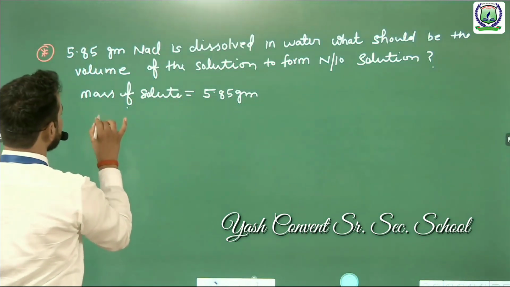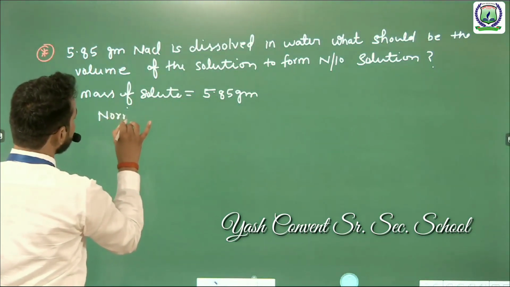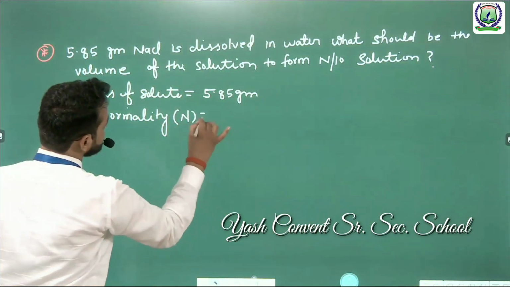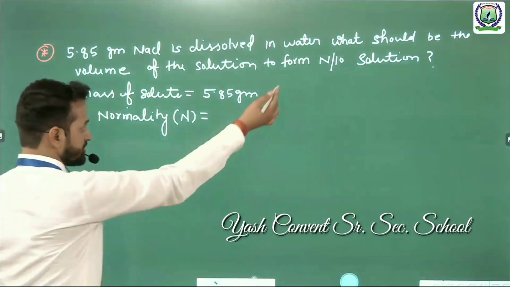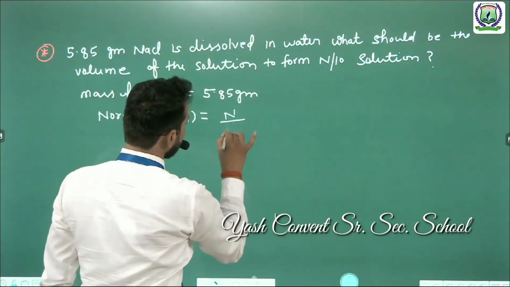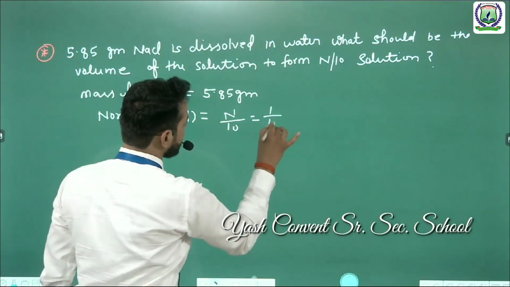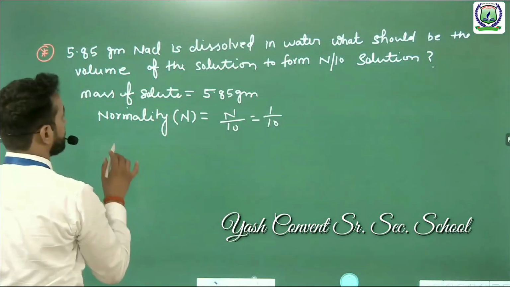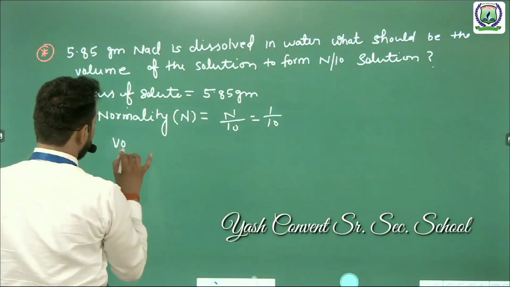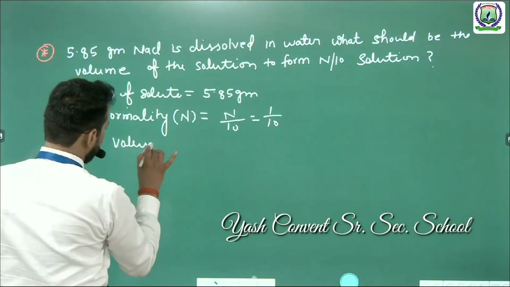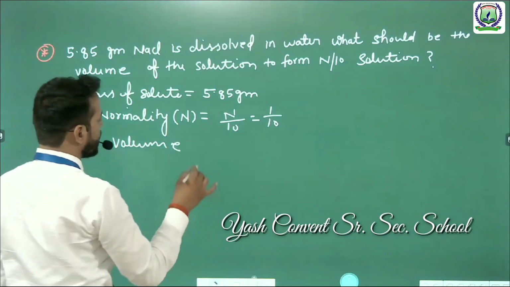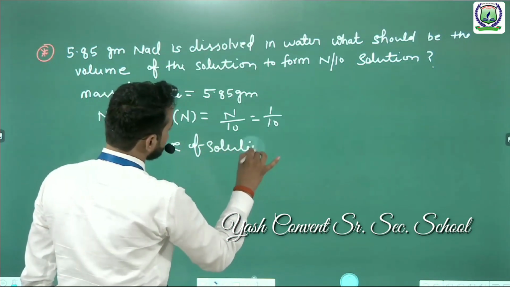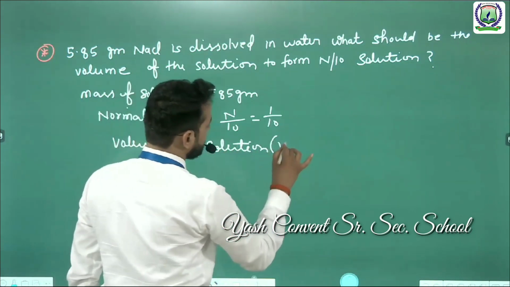Normality of the solution is given in the question as N/10. It means 1/10, right? We will find in this question the volume of solution, V.